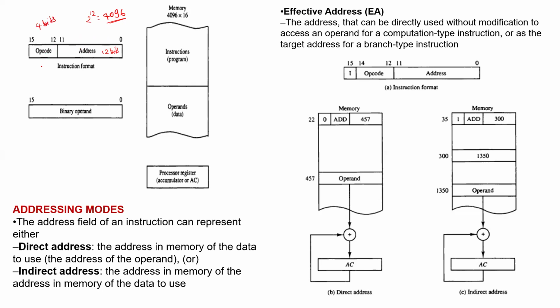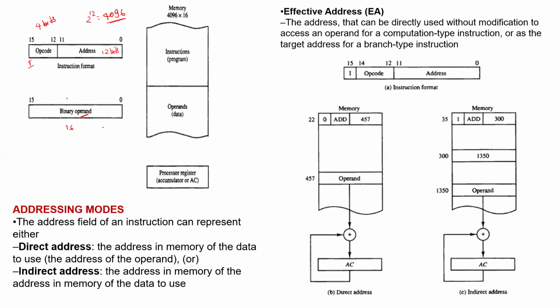Out of the 4, 3 are responsible for which type of operation will be performed, and the last, the 15th bit, is for which type of addressing mode we have. So finally the total binary operand is bits 0 to 15, that is 16 bits here. It shows that we have instruction and operand. Operand is what? Data. So this word size is 16, and that's why we have 16 bits for the operand.